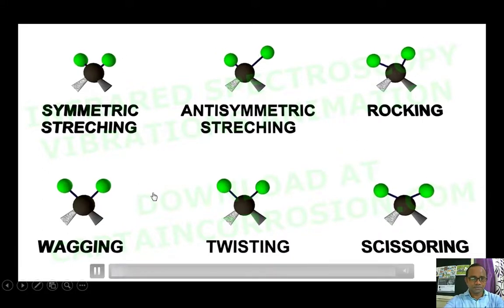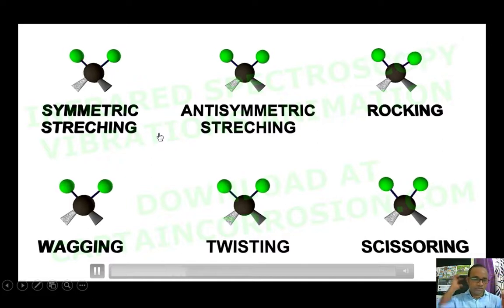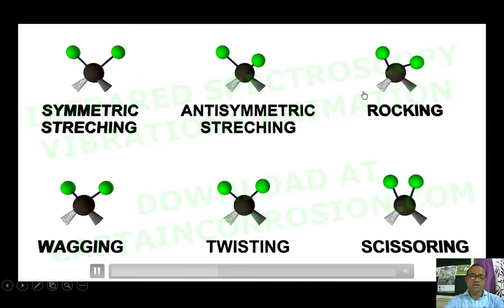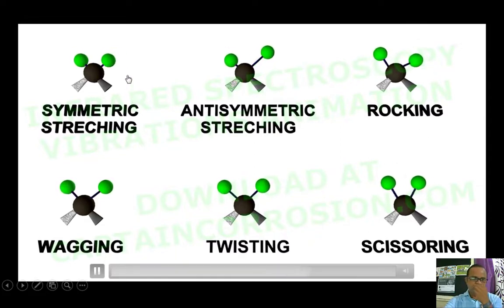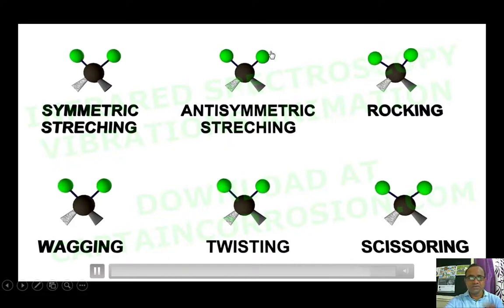Okay, so there are two types of this: symmetric and asymmetric stretching, and bending. In symmetric stretching, the two atoms move simultaneously. In antisymmetric, that is asymmetric, one is moving upward, another moving downward. The opposite reaction is there.